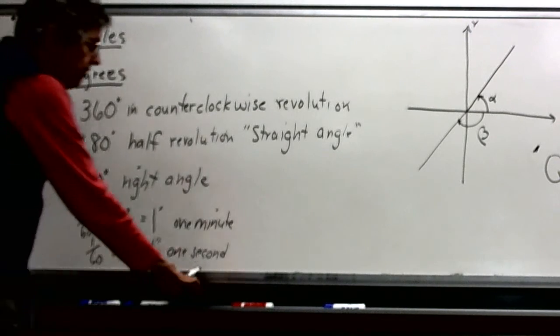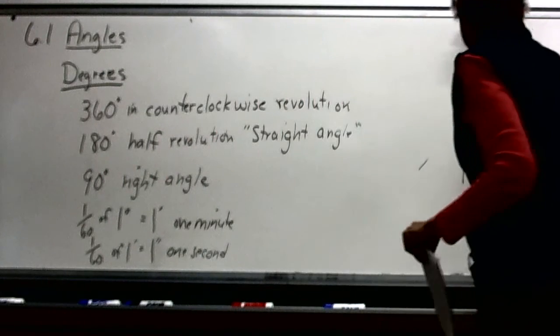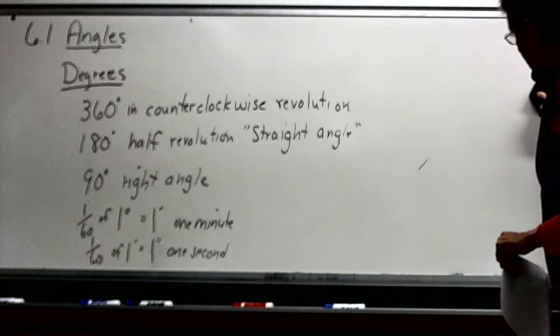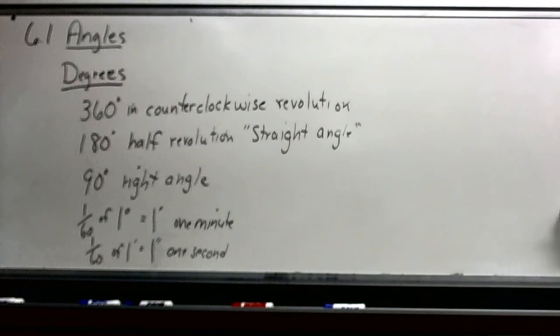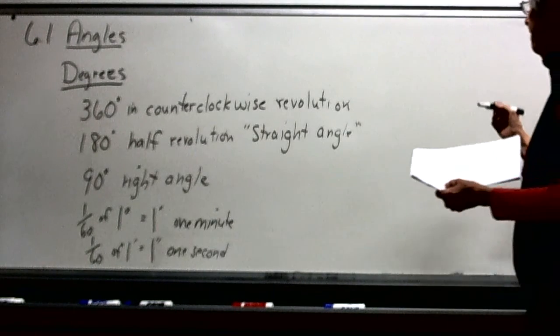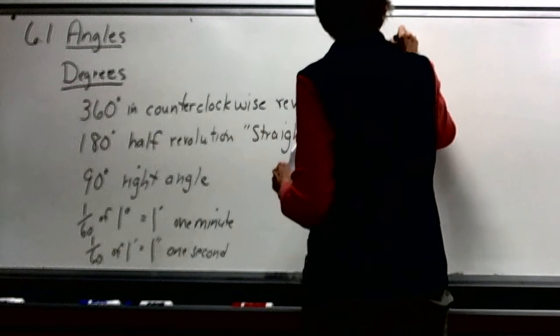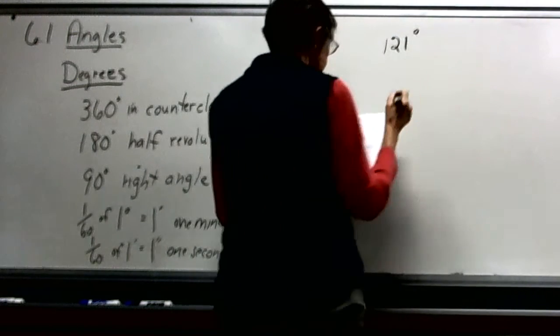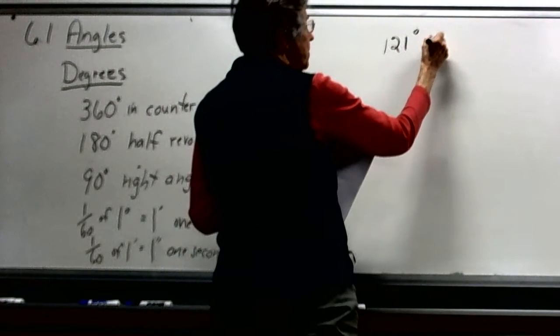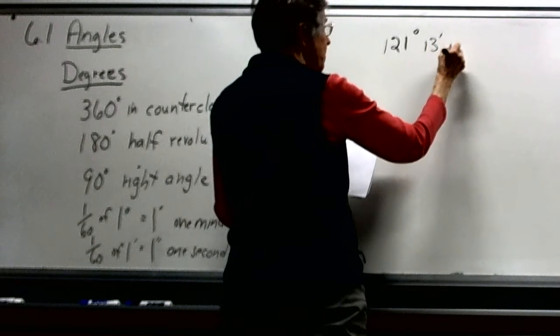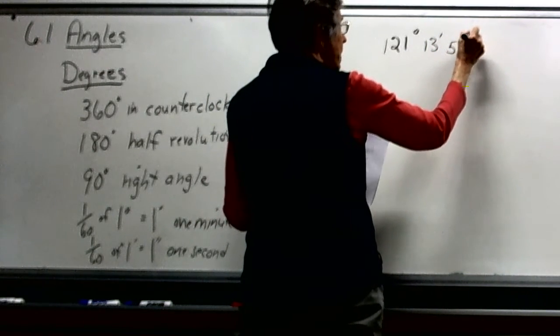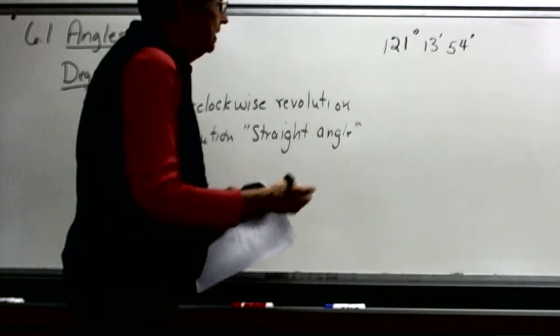Well, using these measurements, let's see how we can change decimal degrees into minutes and seconds and vice versa. So first example, suppose we have 121 degrees and 13 minutes and 54 seconds. And I would like to have that in decimal.